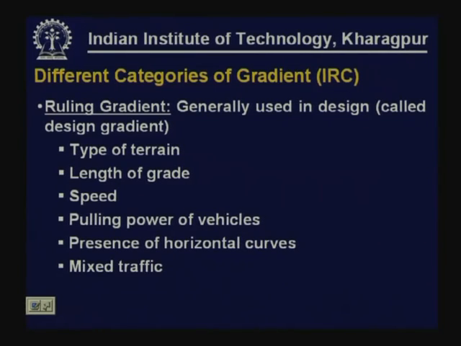the vehicle operation is also affected by the presence of horizontal curves. That means, in addition to gradient, whenever horizontal curves are there, there are additional losses or additional resistance. All these things make it a complicated task to fix the limiting value.